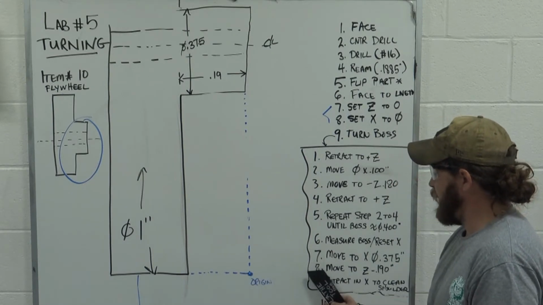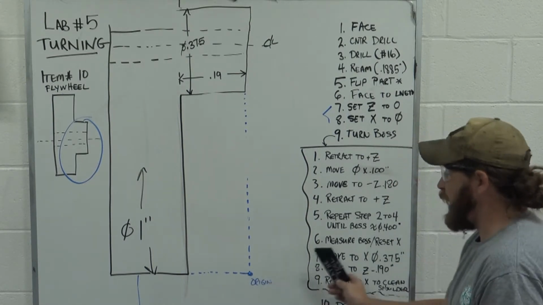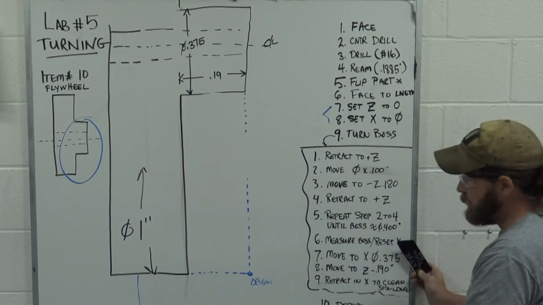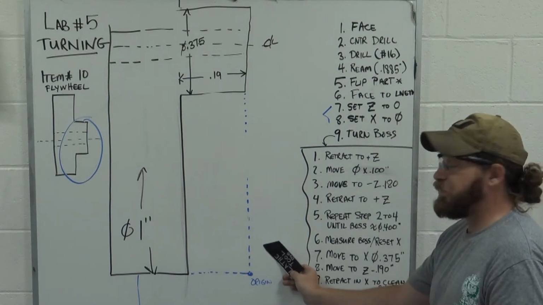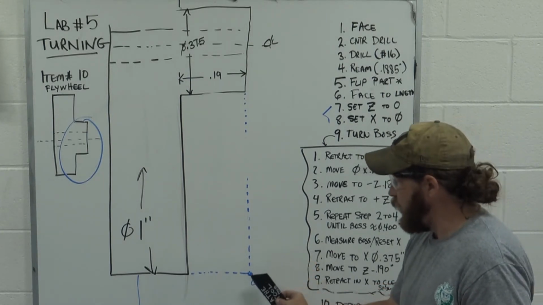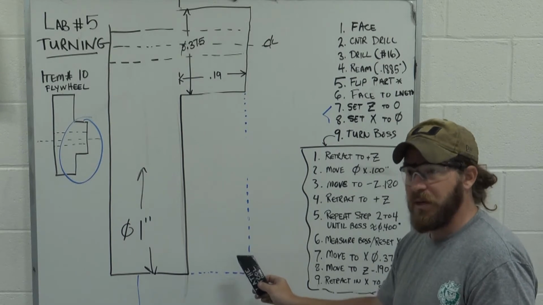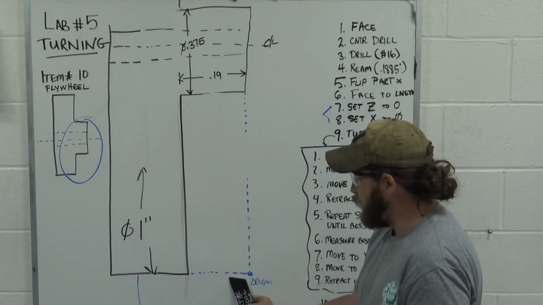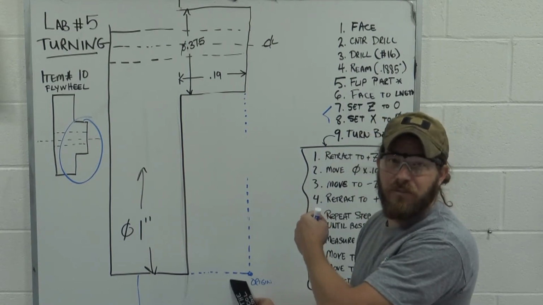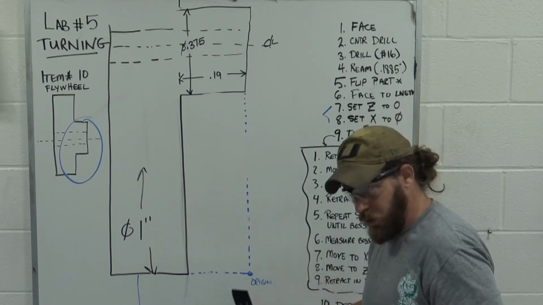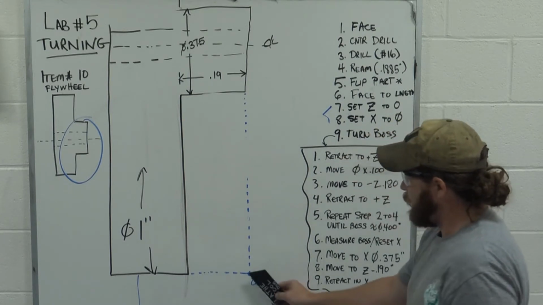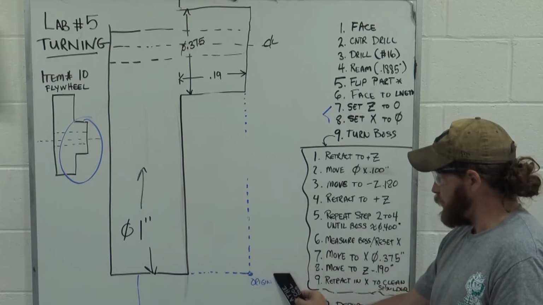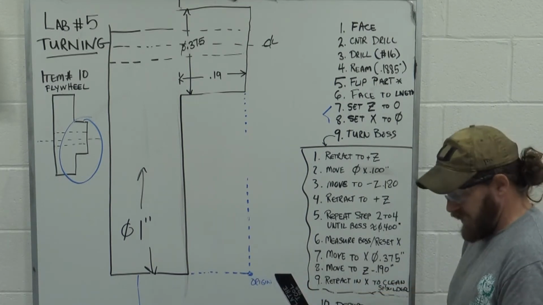I don't care if you bring it way out over here, it doesn't make sense to, but you need to be out in front of this part. What we don't want is to be into the part, because our next move is going to be in the X, and if we're somewhere here, we're going to plow into the side of the part, which is never a good thing for your tool or your part. So first step, after we have set our origin, come out into the positive Z.